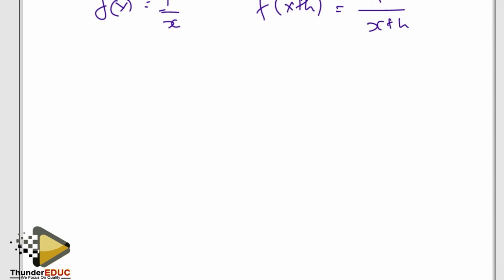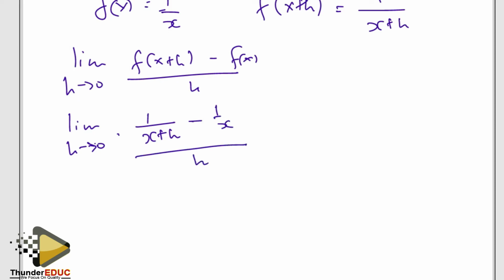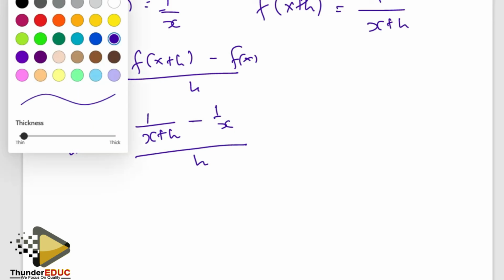Where there is x, replace with x plus h. So we're saying the limit as h tends to 0. The formula is f of x plus h minus f of x over h. So limit as h tends to 0, we're going to have the 1 over x plus h minus the 1 over x over h. So these are fractions.